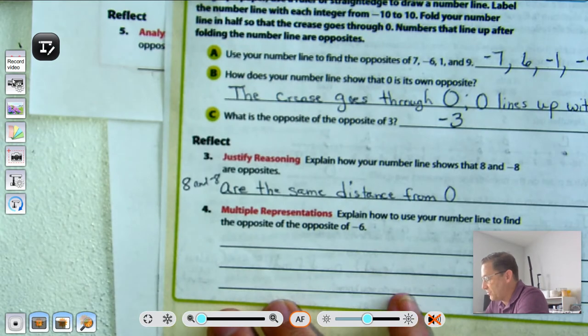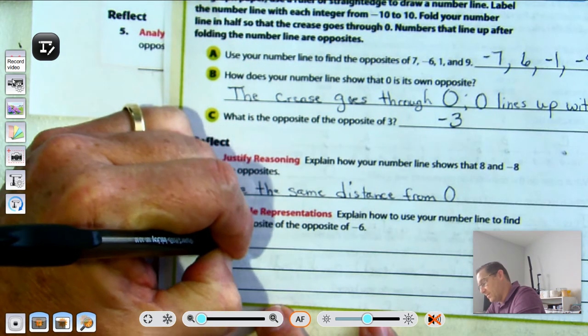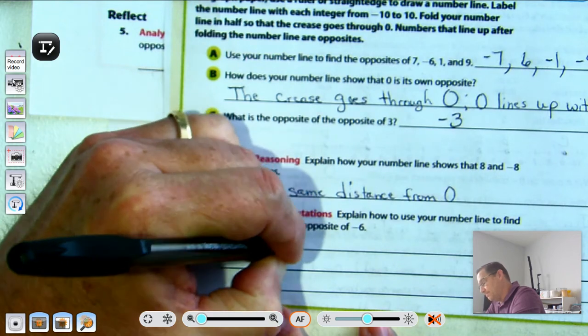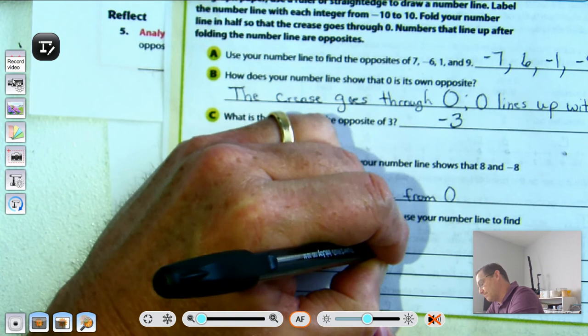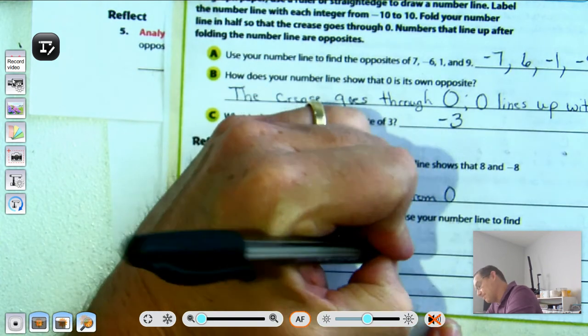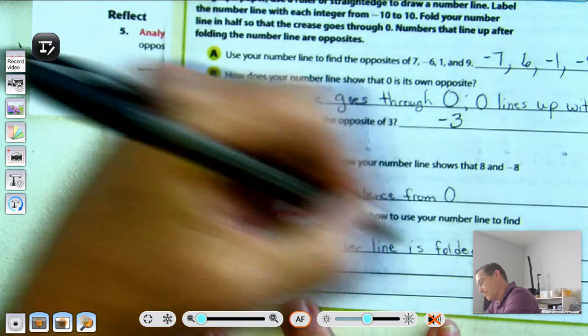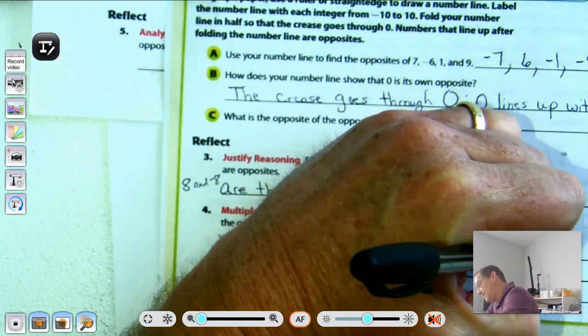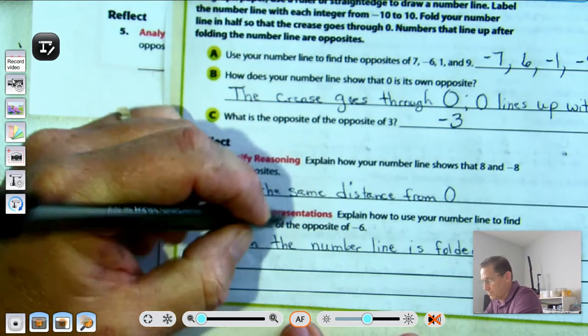4. Explain how you use your number line to find the opposite of negative 6. Okay, well, if I fold the number line, negative 6 and 6 will line up.